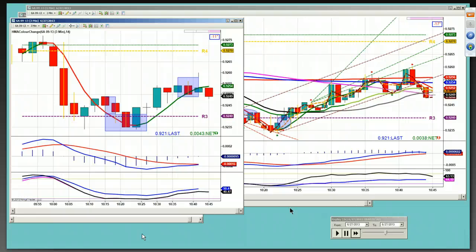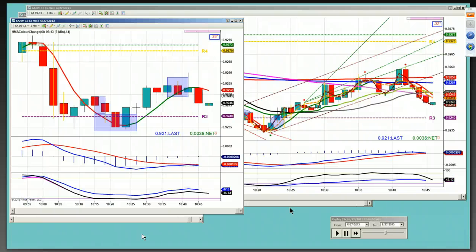Remember, when it comes to leading and lagging concepts, the truth of the matter is all indicators are lagging because the price action has to show up in order for the indicator to calculate and populate. So by definition, all indicators are lagging because you have to wait for the price to show up.